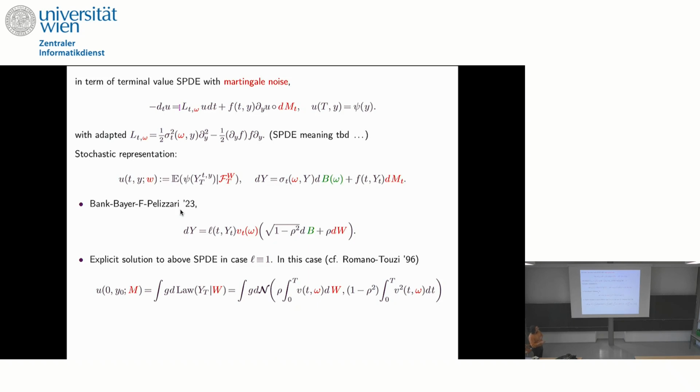Here's the mean that depends on the realization of this stochastic integral. And I hope I got all the rho and 1 minus rho right, but it looks okay. So this is the Romano-Touzi trick in this rough PDE language. The contribution here, from a finance perspective, is that we can go away from this Gaussian setting and deal with general Markovian things, which is nice.